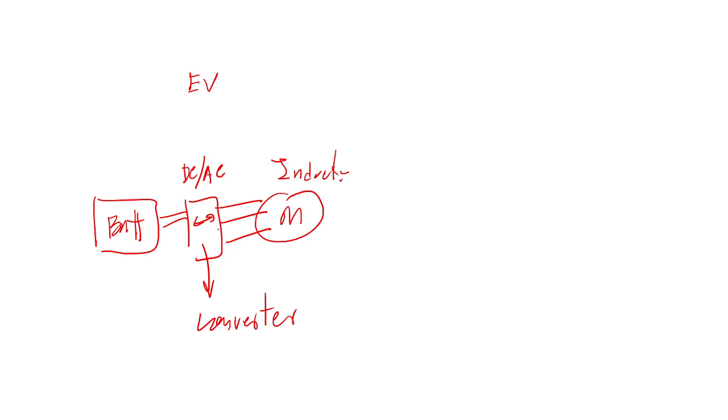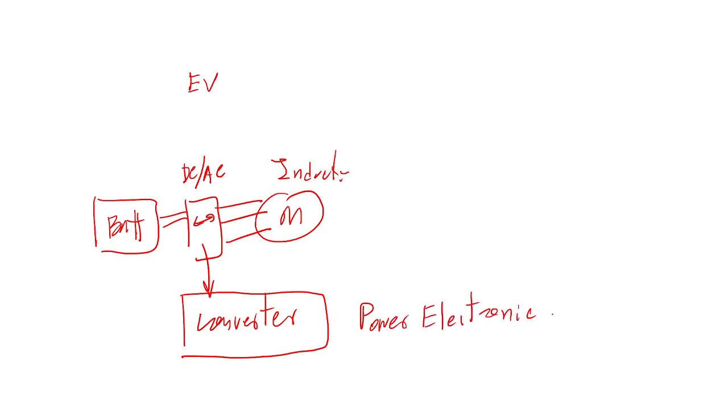We can change DC to AC by a type of device we call a power electronic device, and the motor will move.